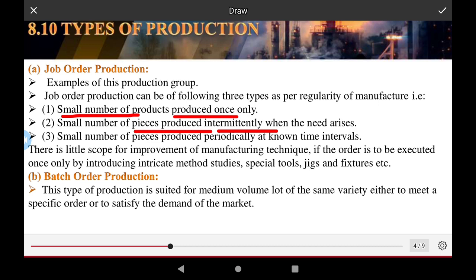A small number of pieces of the product produced repeatedly at non-regular time intervals. There is little scope for improvement of manufacturing techniques, as the order is to be executed once only. Methods study, special tools, jigs and fixtures are then applied in this operation.